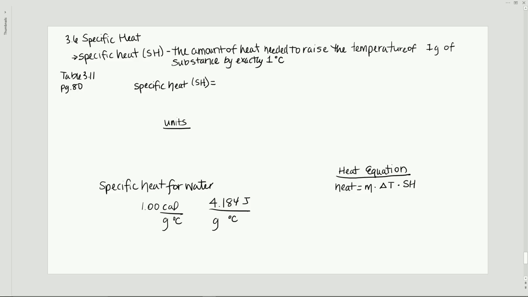So we now know that heat is thermal energy and it is a type of energy. So the formula for specific heat is heat divided by mass times delta T. Okay, and delta T equals change in temperature.